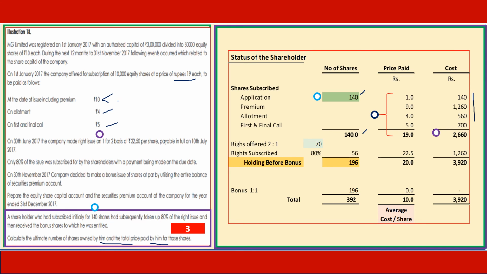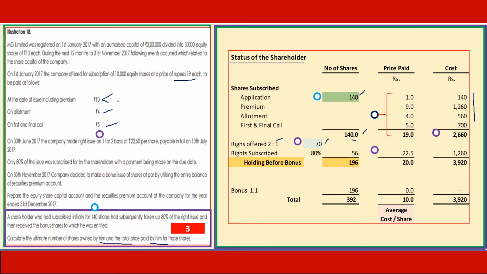Okay, then what happened? On 30th June 2017, the company made a rights issue for 1 for every 2. He had 140. When the company made a rights in the ratio of 2 will get 1 for 140, he was offered 70. Then what happened?